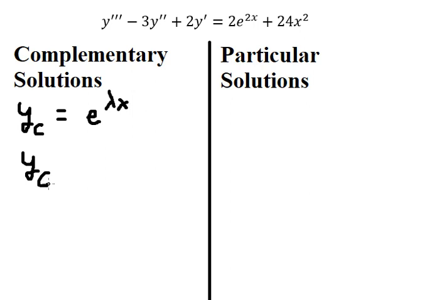Later, we need to find first the derivative of yc, and we have lambda e to the power of lambda s. So when we do the first derivative of this one, we keep the same e to the power of lambda s. Later, we need to do the derivative of lambda s, you got lambda.